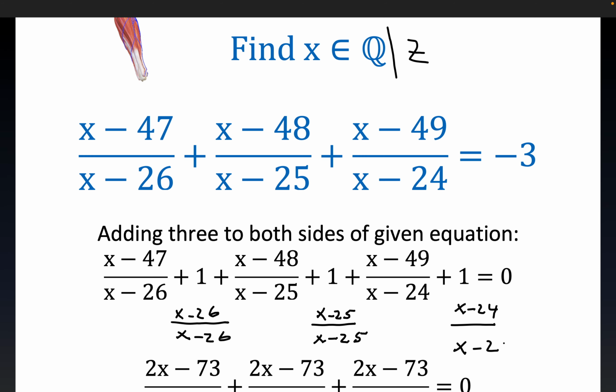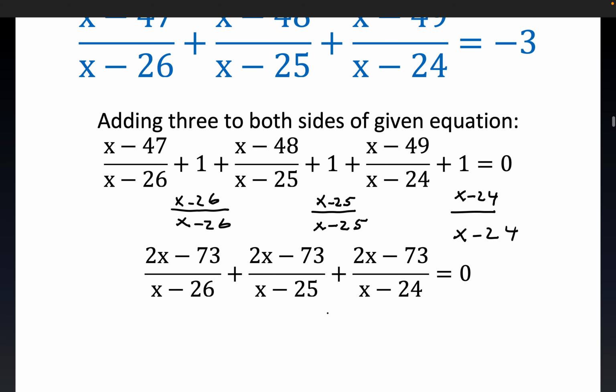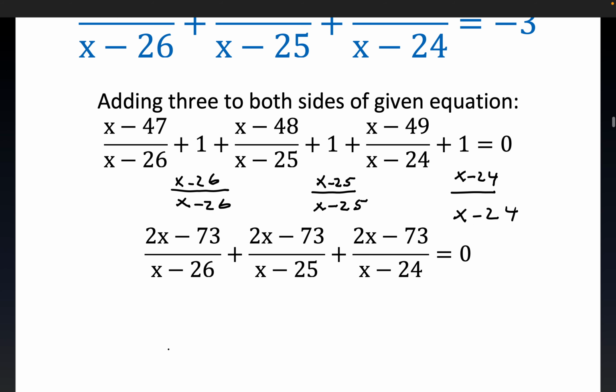Okay, so we did that 3 times, and when you do that, this is what happens. If you add x minus 26 to x minus 47, you get 2x minus 73 all the way across, and that's the symmetry, I guess, that makes it some sort of symmetry. See how we get 2x minus 73 common to these 3 different denominators.